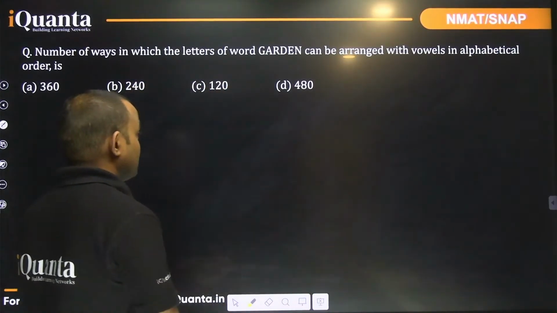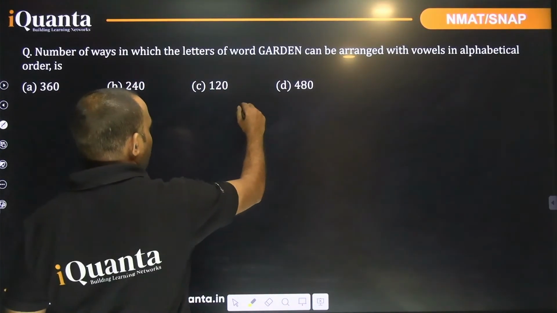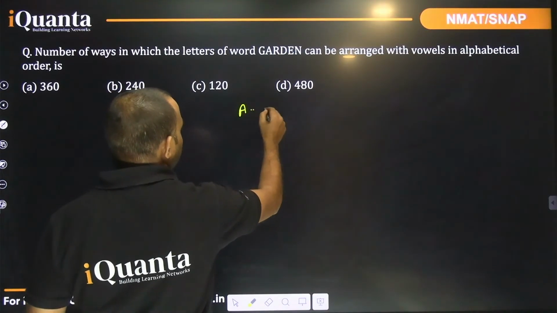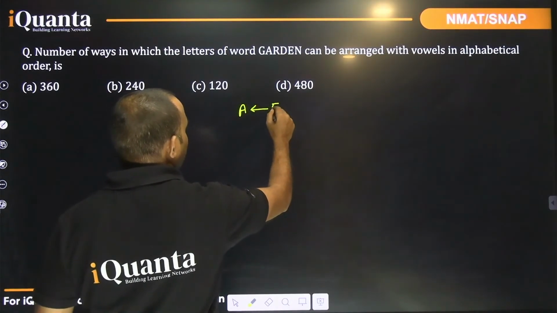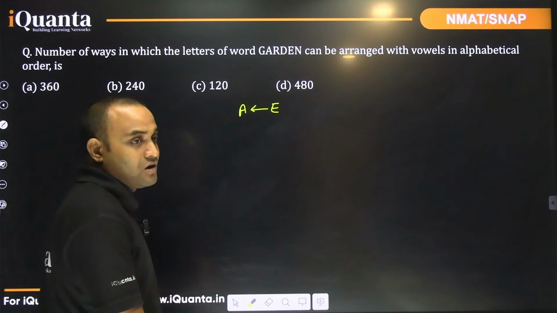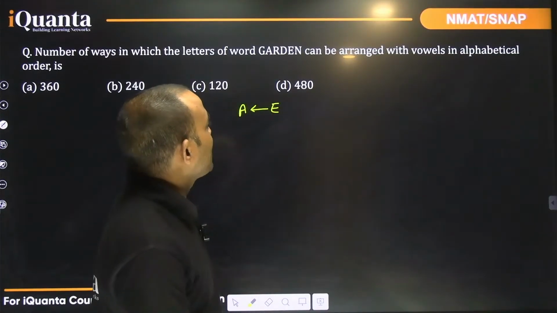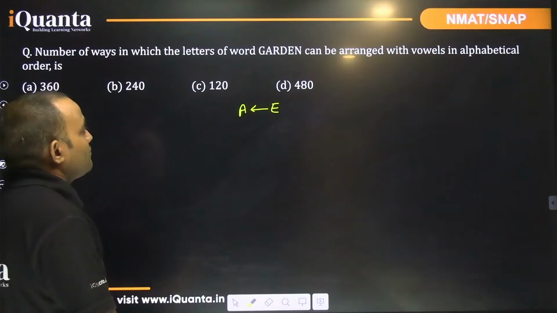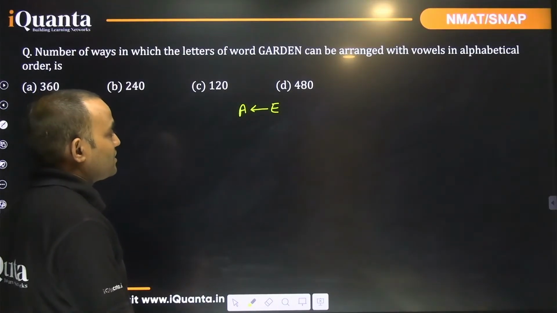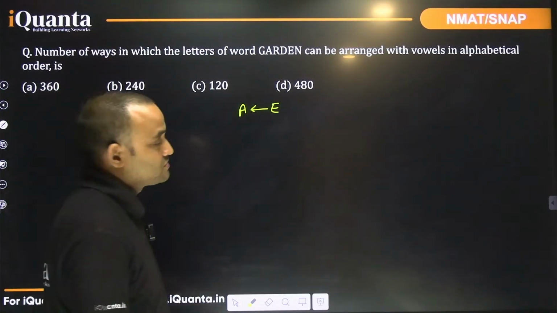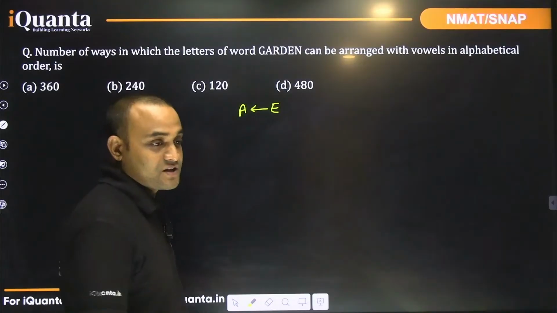Yes, it will come. A will always come before E, right? That's it. So we have 4 consonants and 2 vowels, so a total of 6 factorial.